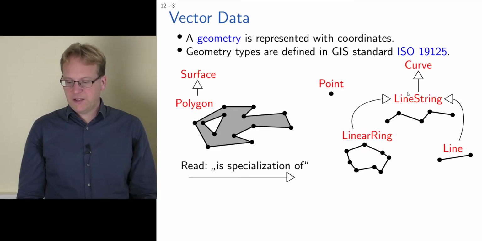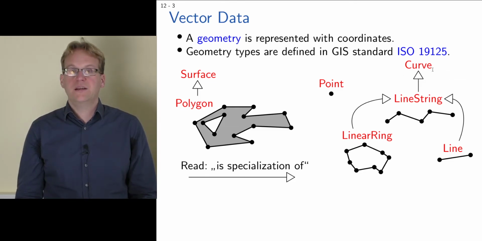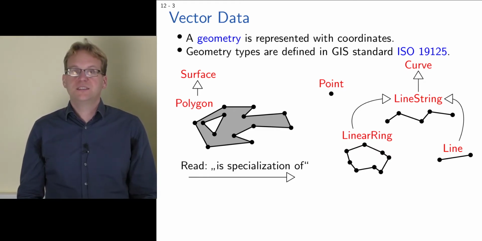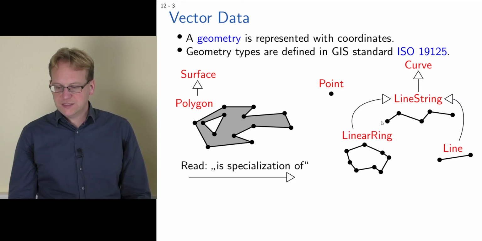And what we can also say is that a line string is a special kind of curve. And, well, this curve class here is now defined in an abstract way to generalize several different concepts of curves. Well, you see line strings, linear rings, and lines, of course, they are all specializations of this type curve.